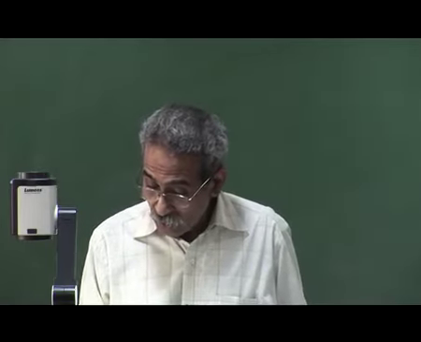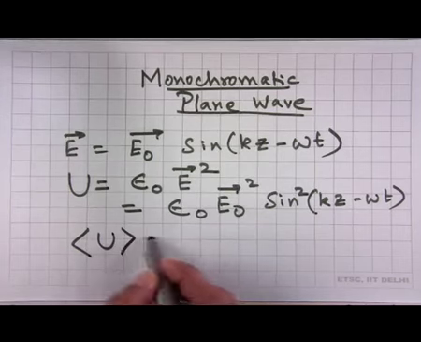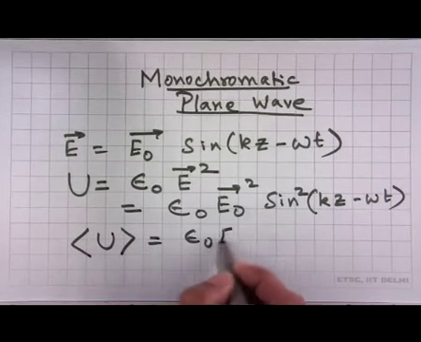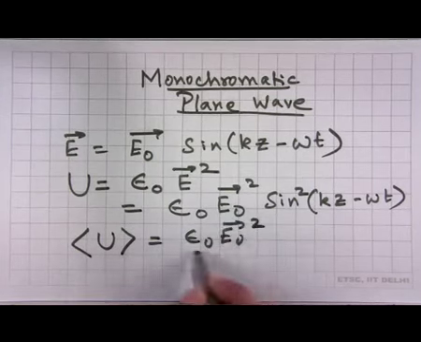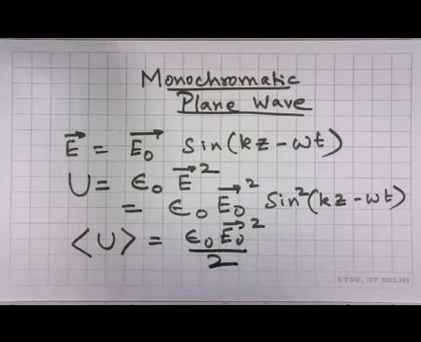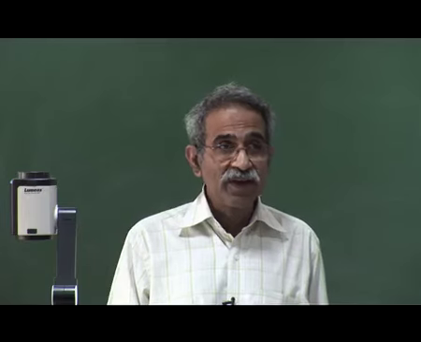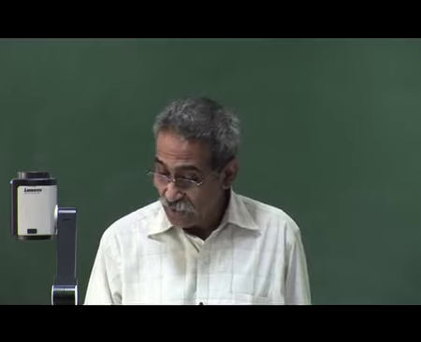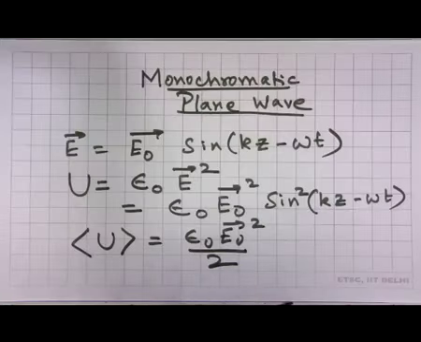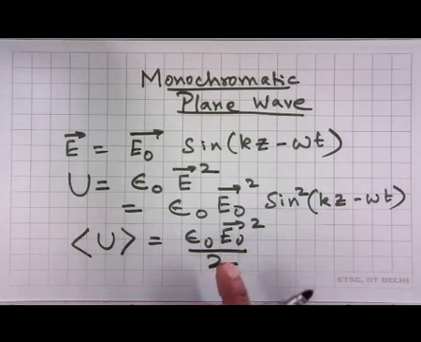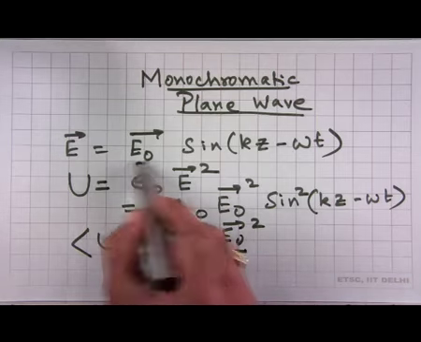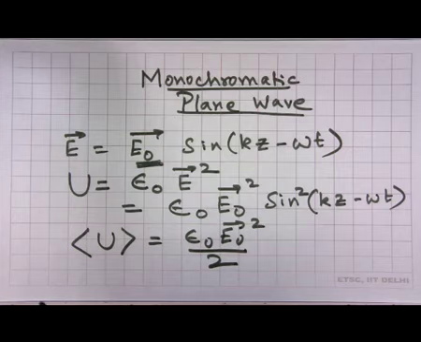So, what you do is to look at the average, and that is going to give me epsilon naught E naught squared by 2. That means all reference to the frequency or the wavelength goes away, your energy density depends only on the amplitude squared, E naught squared, which is the maximum value that the electric field can take.